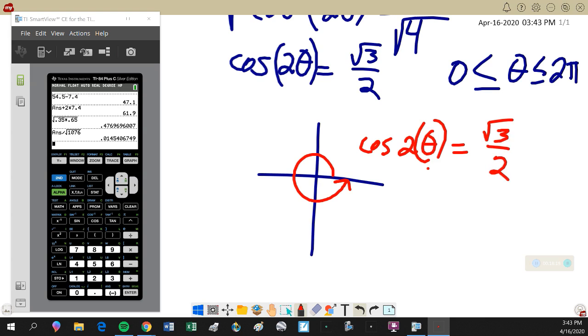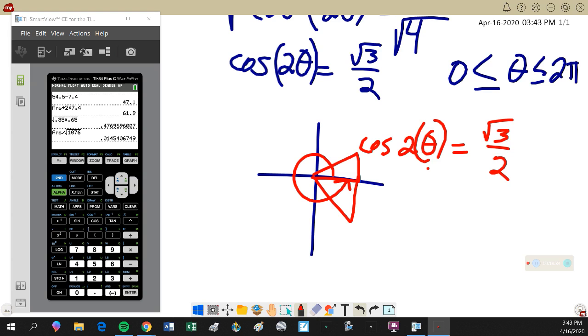Well, the cosine is equal to root 3 over 2 in the pi over 6 angles in quadrants 1 and 4.